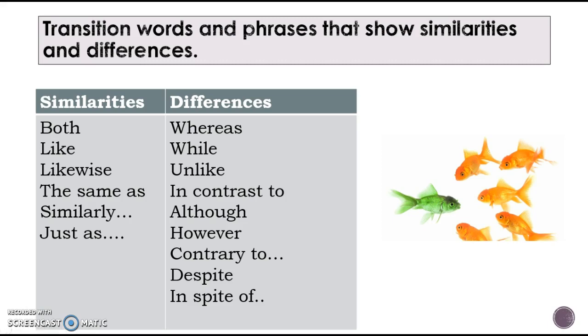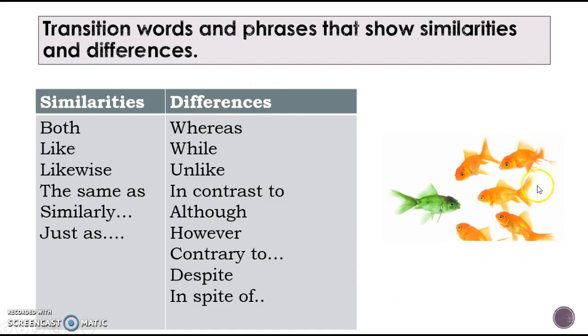When we want to show something is different, we use words like whereas, while, unlike, in contrast to, although, however, contrary to, despite, in spite of, in contrast. All of those transition phrases or words show us differences.